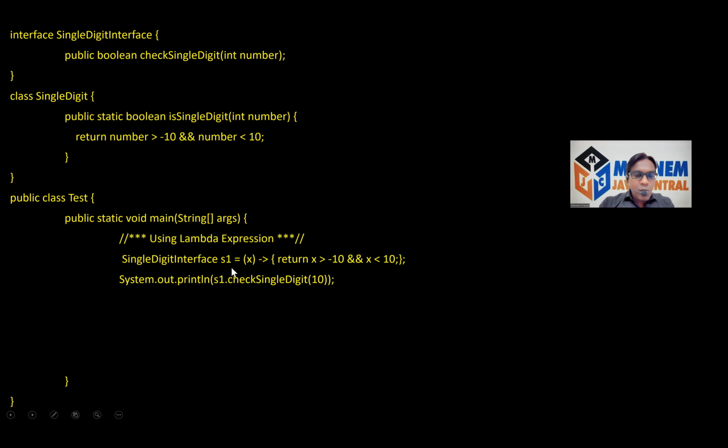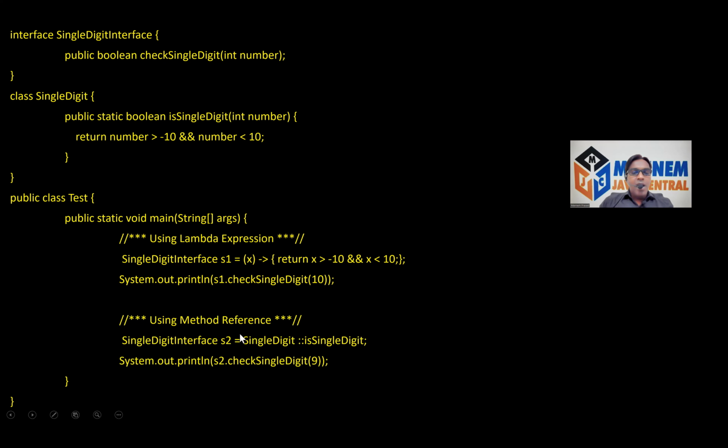This code snippet is about writing your functionality in the form of a Lambda expression. I have provided the code as a Lambda expression and assigned this implementation to a reference variable of the functional interface. But here I don't need to write my implementation as a Lambda expression. Rather than writing this code in a Lambda expression, I prefer to write it using method references. See how to write your code as a method reference.